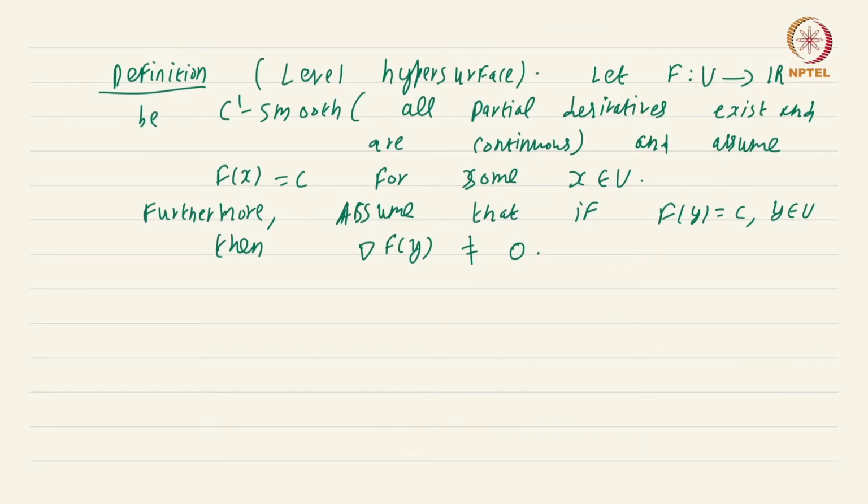What we are assuming is that for all points y in U such that f of y equals c, the gradient should not vanish at that point. So we are going to assume that the gradient does not vanish at any point at which f takes the value c.